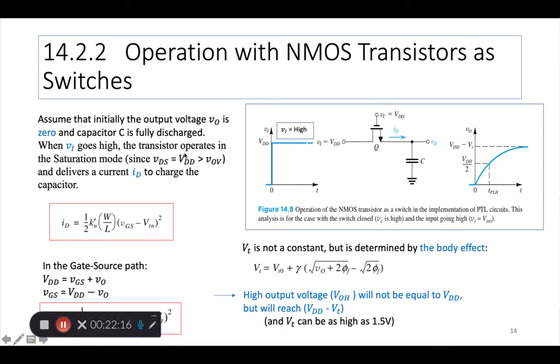When the input goes high, the transistor operates in the saturation mode since VDS is VDD, because this is almost ground, since there's nothing there. So you can say that this is grounded, and all of VDD appears across here. So VDS is VDD, and so it's in saturation. And it delivers a current ID to charge the capacitor, which is like this.